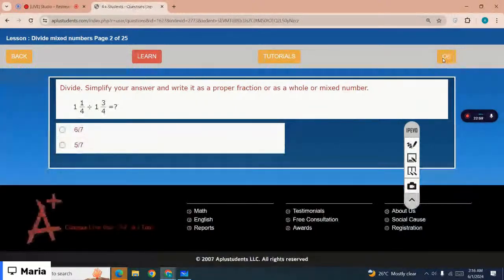The next one is 1 whole 1 by 4 divided by 1 whole 3 by 4. So which is the correct option?